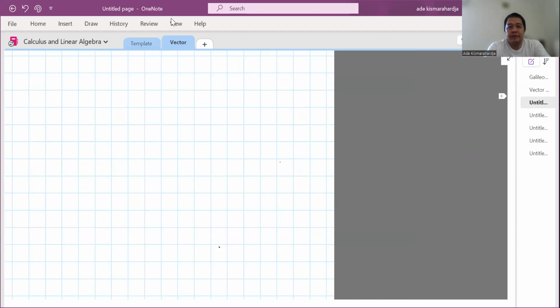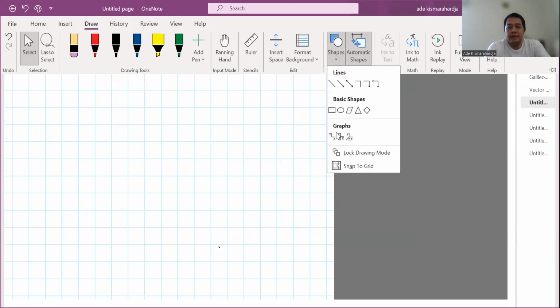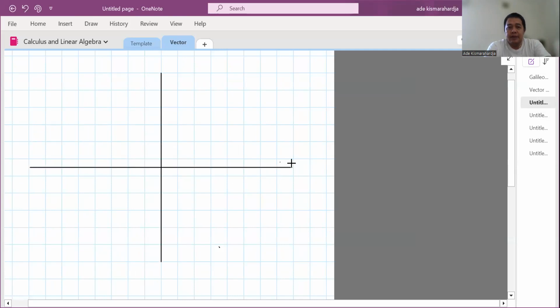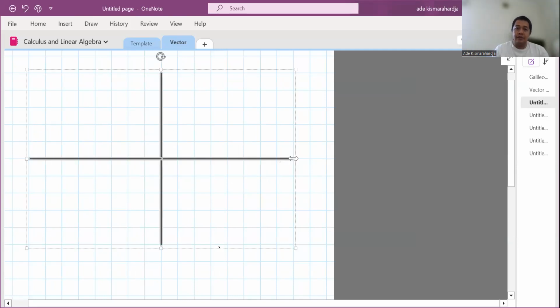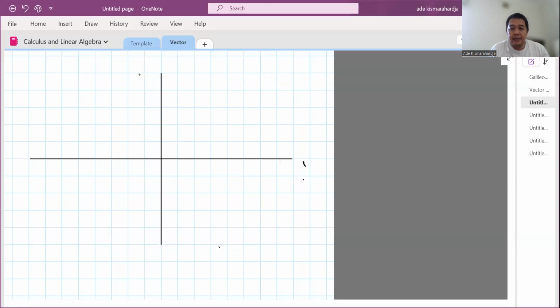Now, for example, we have some points in two-dimensional space. So we have an x, y axis here, and then we have the first point.